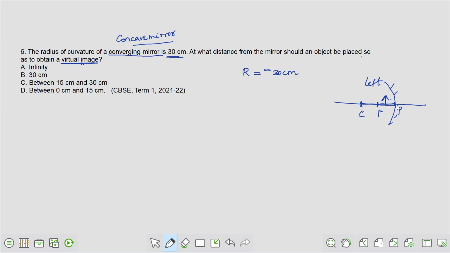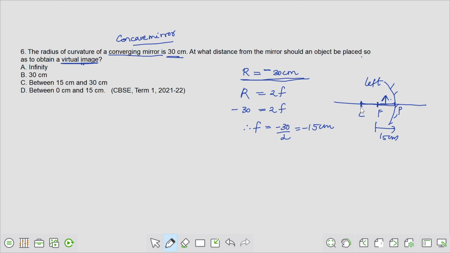Now we have to identify the object distance. We have the relation r equals 2 times f. Here r is minus 30, which is equal to 2f. Therefore f is equal to minus 30 by 2, that is minus 15 centimeter. So your focal length is 15 centimeter. Minus indicates it is on the left side.